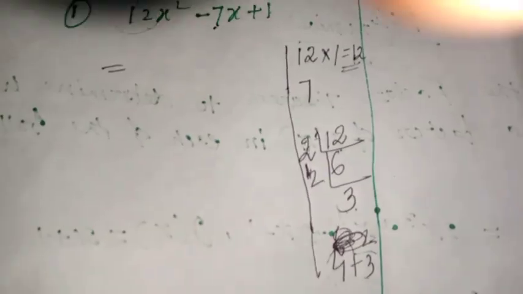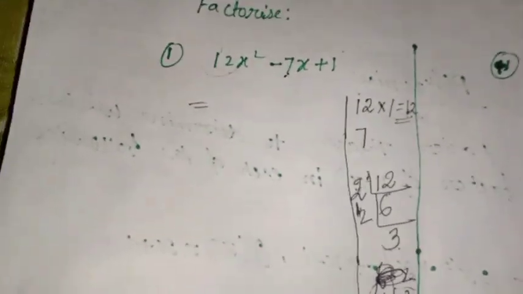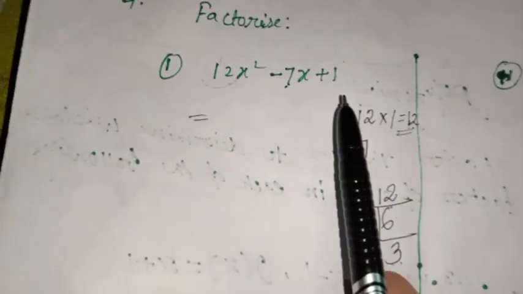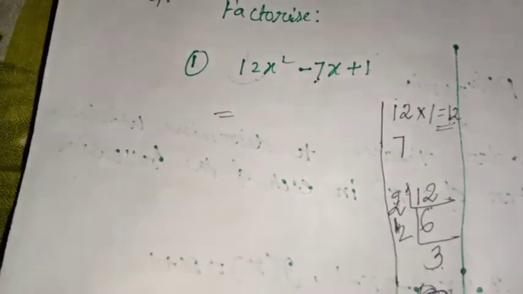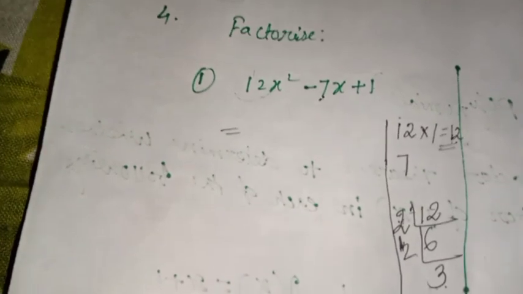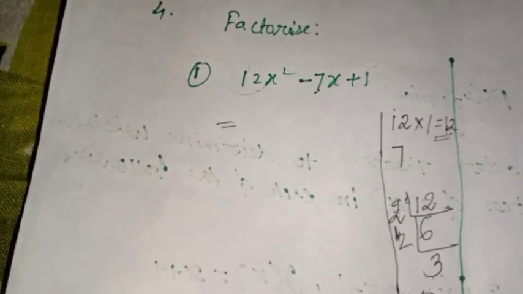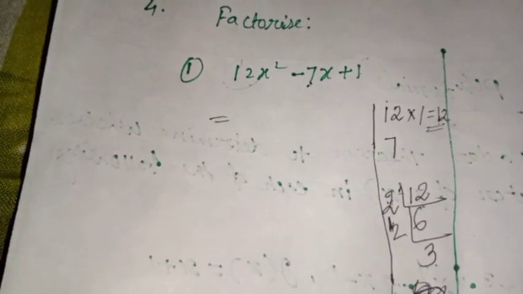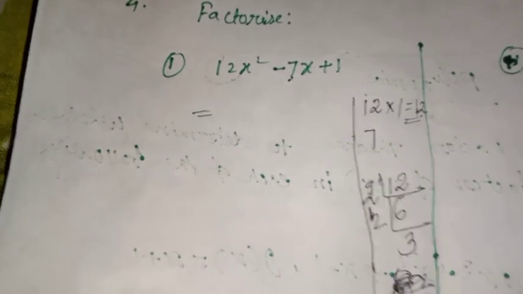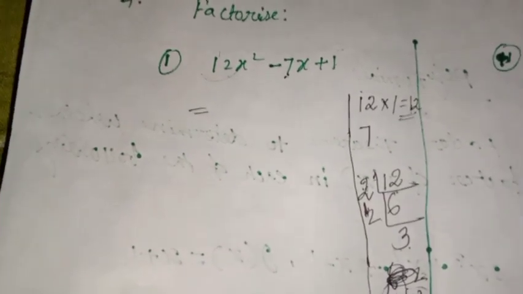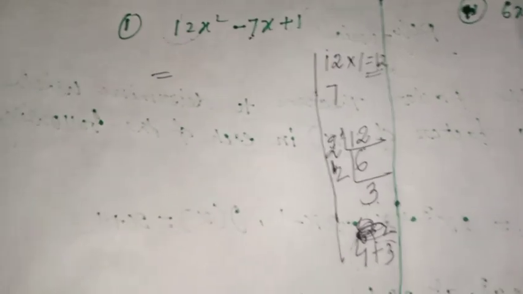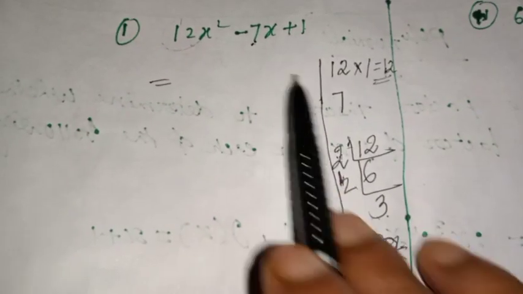I already told you that you need two numbers which will add or subtract to get 7. Sometimes you will get it by subtracting one from another, and sometimes by adding. Here, when we add these two numbers we get 7.